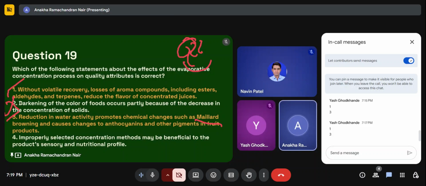If, for example, you were concentrating by heating the material, you might lose compounds that are important for its taste and flavor. So that's why it may be detrimental to the product sensory and nutritional profile, right? Is there any doubt in this question? So option 4 is also incorrect.